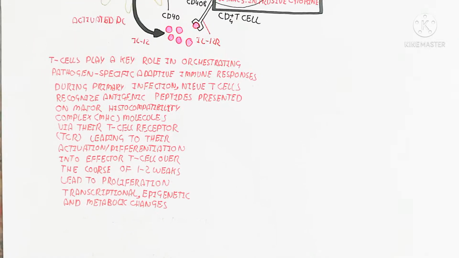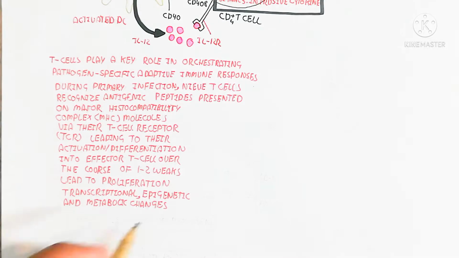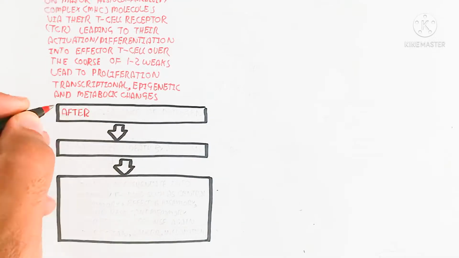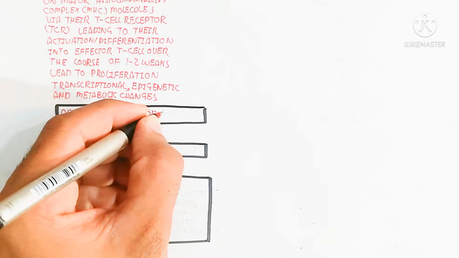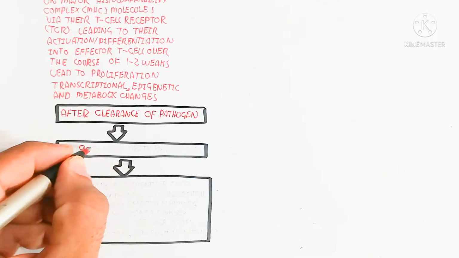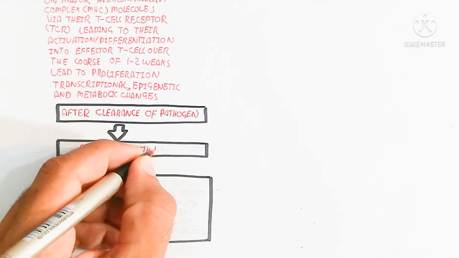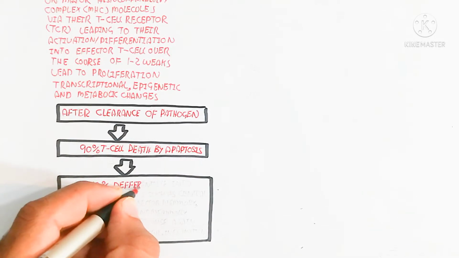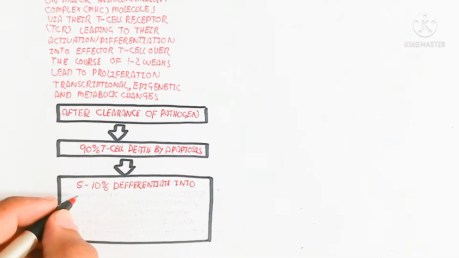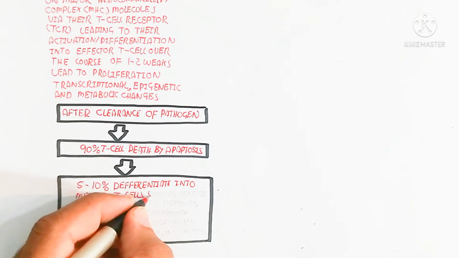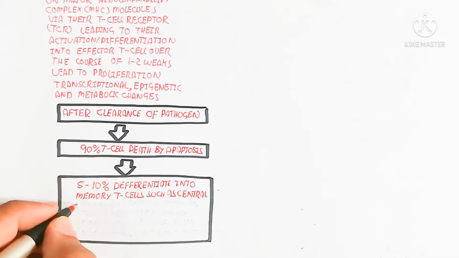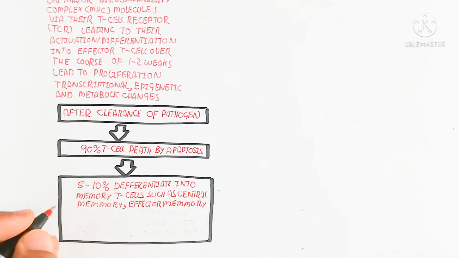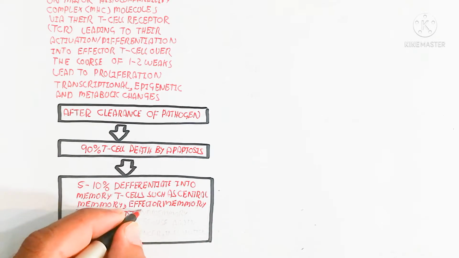But the important thing is that 90% of cells die by apoptosis after clearance of the pathogen in our body, while 5 to 10% differentiate into memory T cells, such as central memory, effector memory and tissue resident memory, for a quick response again when infection arrives in our body.